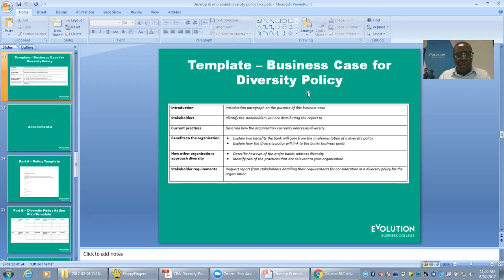We've spoken in the template again about how other organizations approach diversity. We looked at CBA, how they approach it. We looked at the template for Coca-Cola, and feel free to go research other companies.